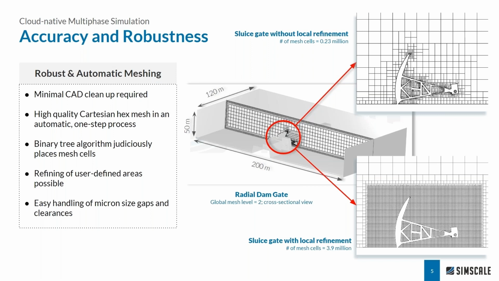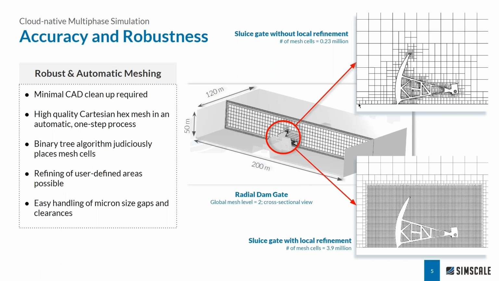For example, on the radial gate problem that you see here, the entire mesh was generated using just one input, which is basically setting the auto mesh level slider from the default value to 2. On the top is what you get with the automatic mesh settings. As you can see, all the features, all the thin channels or the thin edges of the sluice gates are well captured.